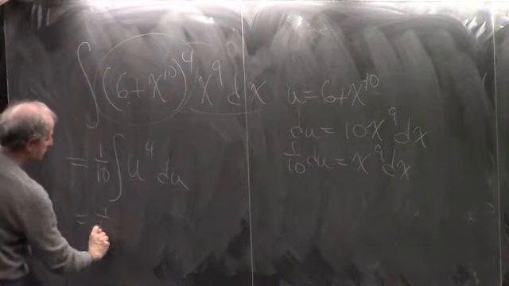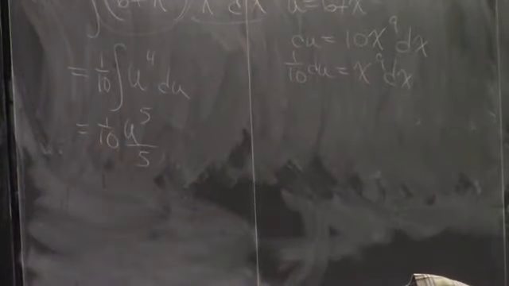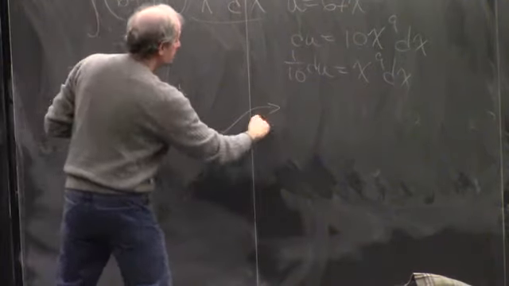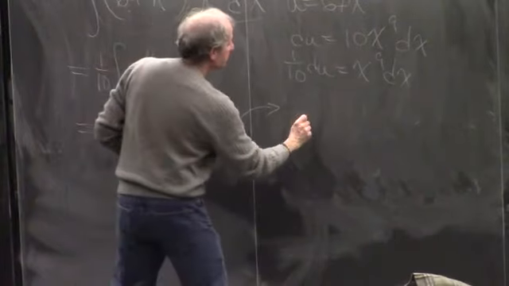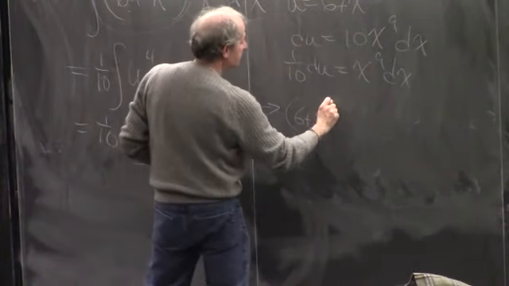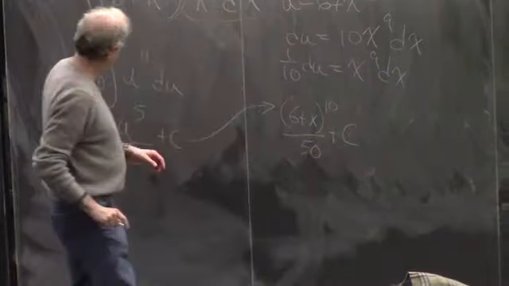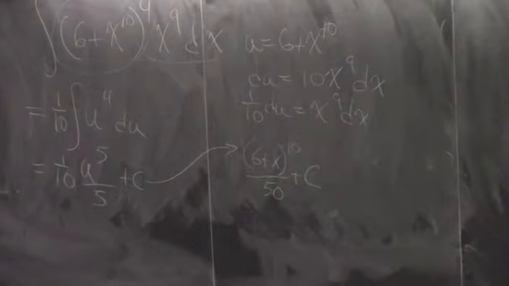So that's 1/10 u to the 5 over 5 plus the constant. So u is 6 plus x to the 10th. So this is now 6 plus x to the 10th to the fifth over 50 plus c. And yes, you could have written 1/10 in the 5th and separated them. That's fine.